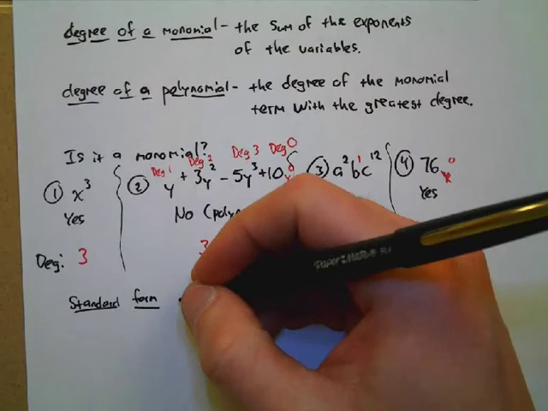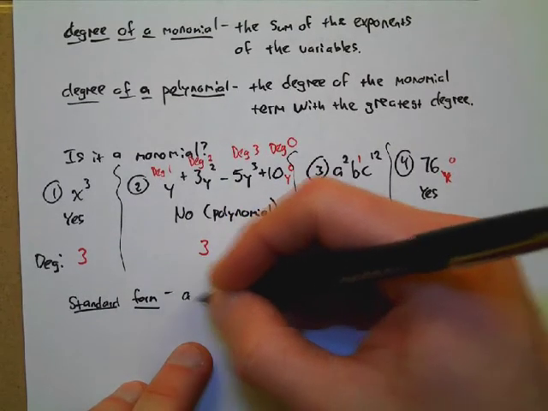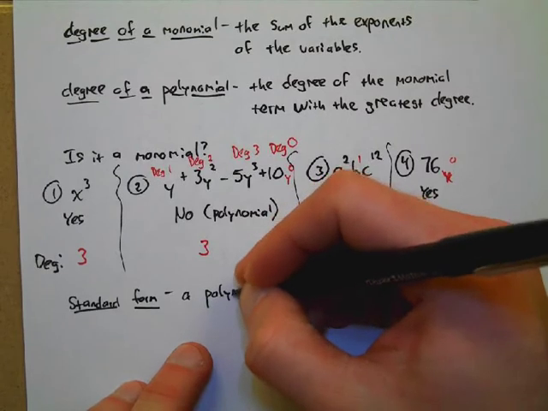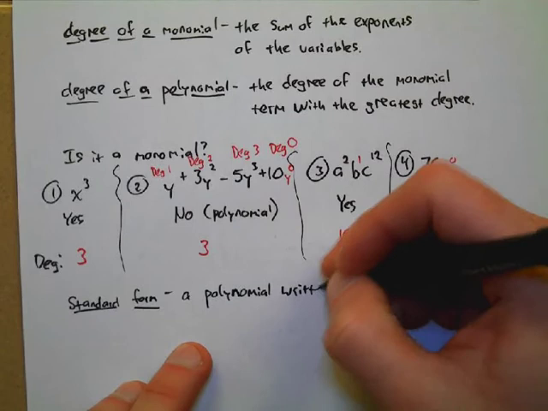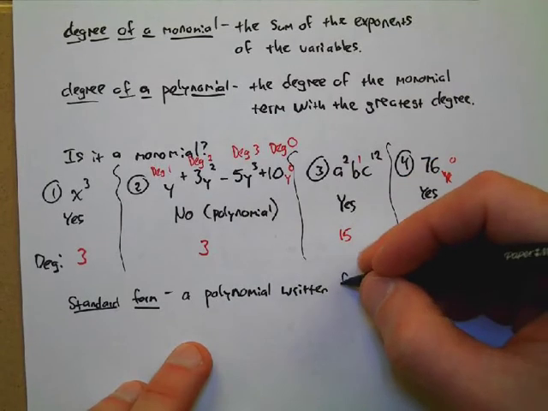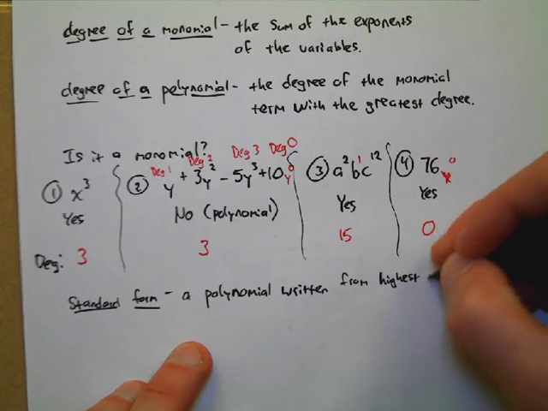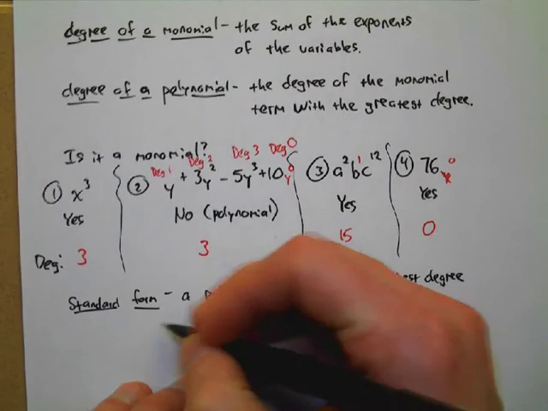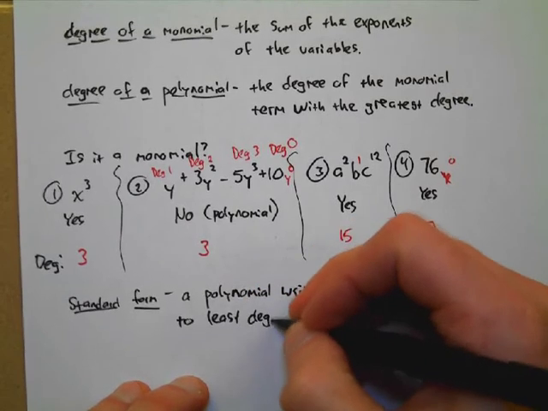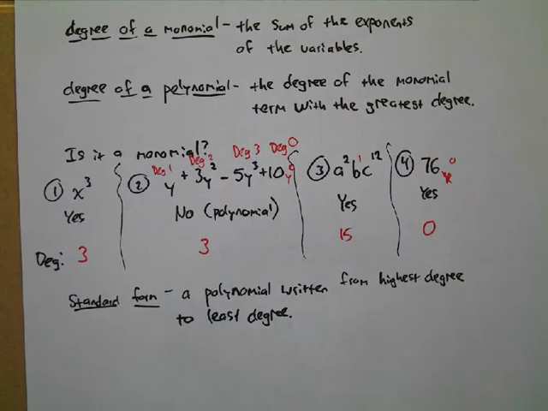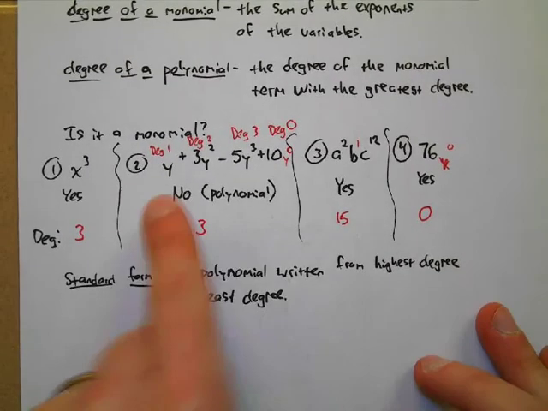It's a polynomial written from highest degree to least or lowest degree, if you like. So it's basically putting the polynomial in order from highest degree to lowest degree. We only have one polynomial here.